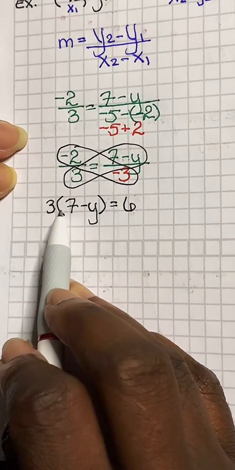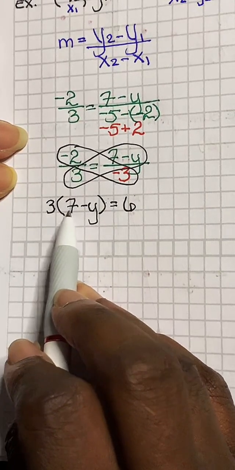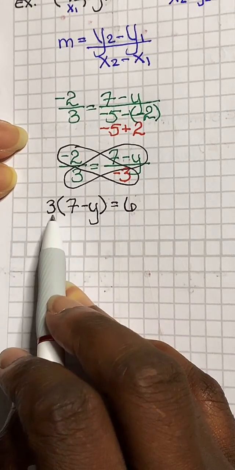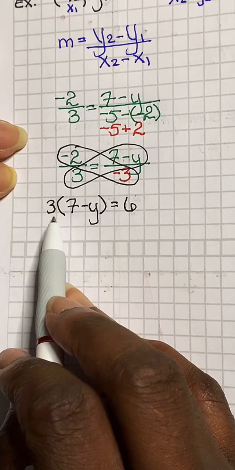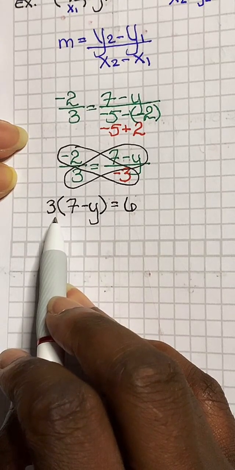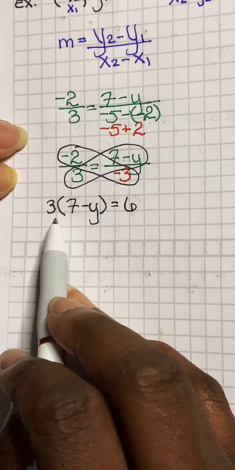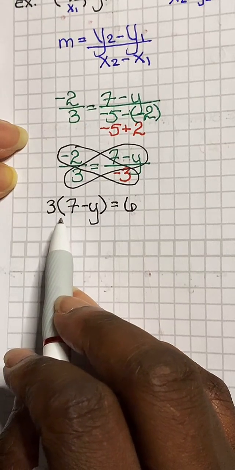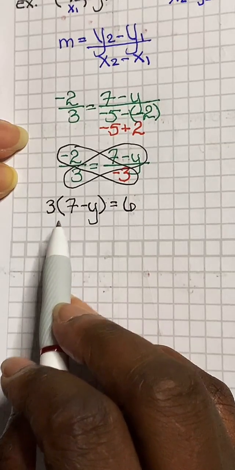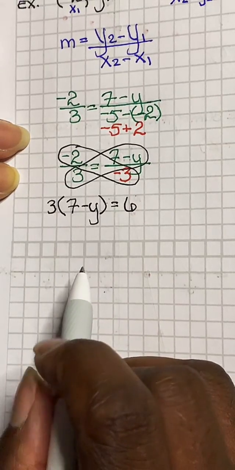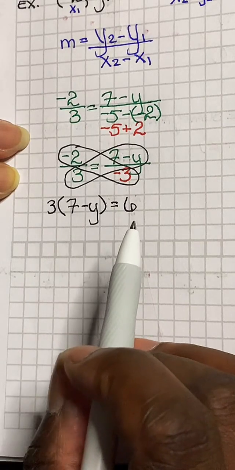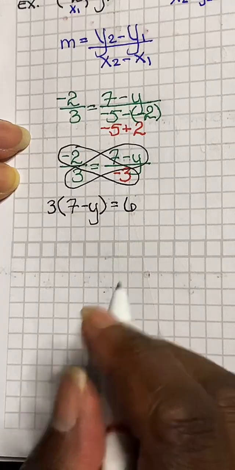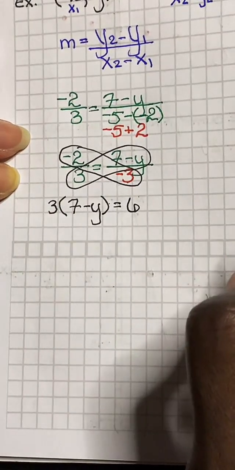Since this 3 is being multiplied to that 7 minus y, what's the inverse of multiplication? The opposite. Big Al is saying divide. Danielle S is saying divide. Yes. Neek and Janice are saying divide. Yes. So that's what we're going to do.